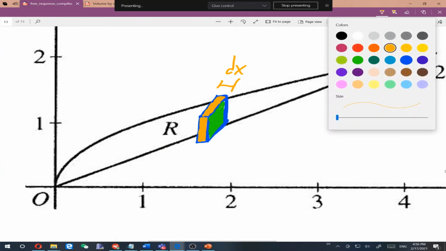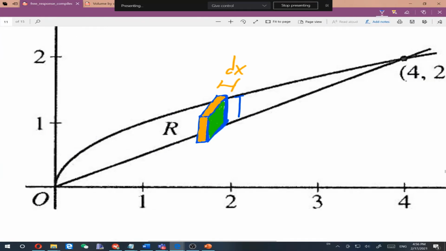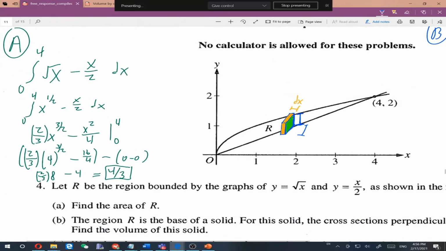As long as I know the distance from here to here in the xy plane, that would be the same distance popping out of the page. What's the distance between the functions in the xy plane? Is that square root x minus x over 2? Perfect. Root x minus x over 2, and that's going to be the same on the other side, since this is a square.